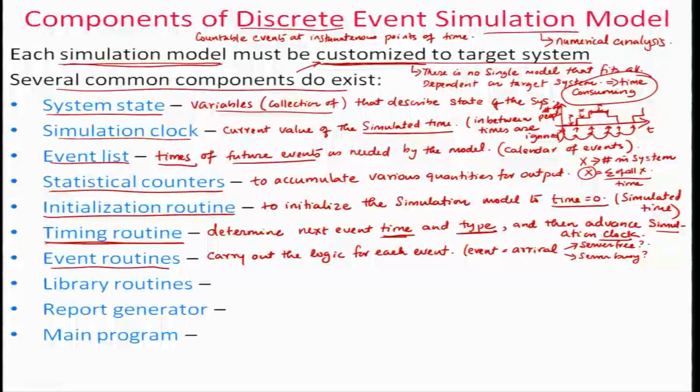If the server is free, then the person will immediately go to the server and get served. Otherwise, go to the queue. So, this logic, what happens when this particular thing happens, is taken care of by the event routine. How each event, when it happens, should act next immediately is determined by the event routine.